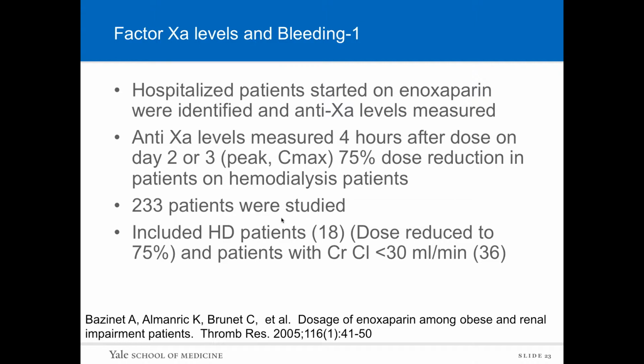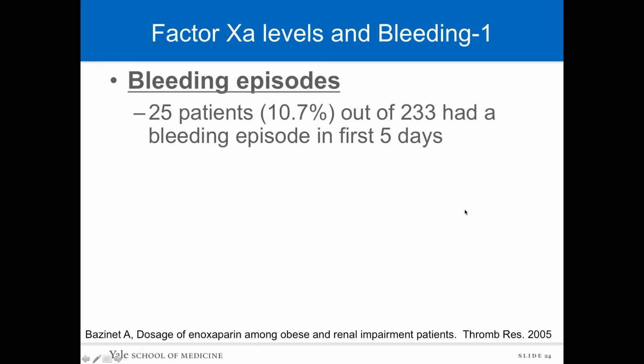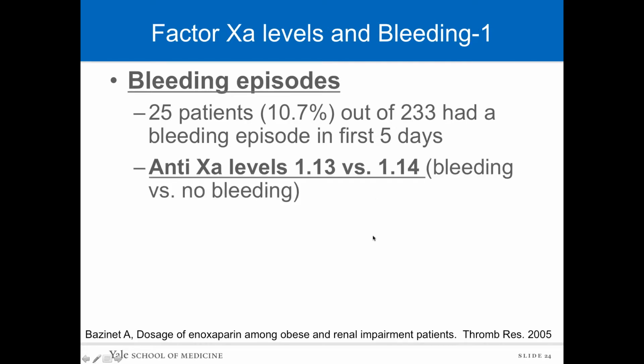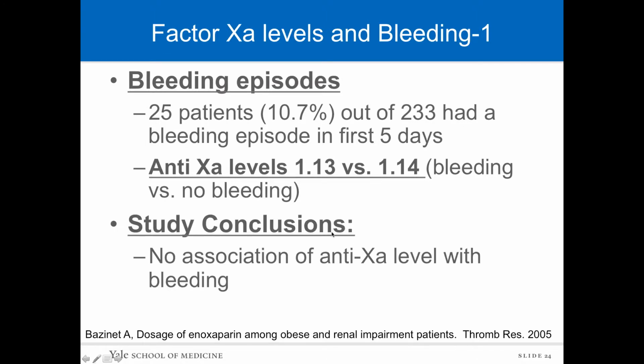It did include 18 hemodialysis patients and 36 patients with GFR less than 30. There were 10.7% major bleeding episodes in the first 5 days. The anti-Xa levels between bleeders and non-bleeders were the same, 1.13 versus 1.14. The study rightly concluded that there is no association of anti-Xa level with bleeding.